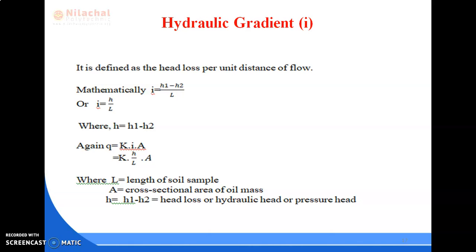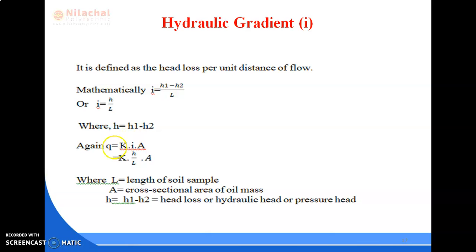We represent this mathematically like this: i equals head loss, h1 minus h2, divided by L. If we consider h1 minus h2 as h, then i equals h by L. You have to remember this formula, i equals h by L, where h equals h1 minus h2.